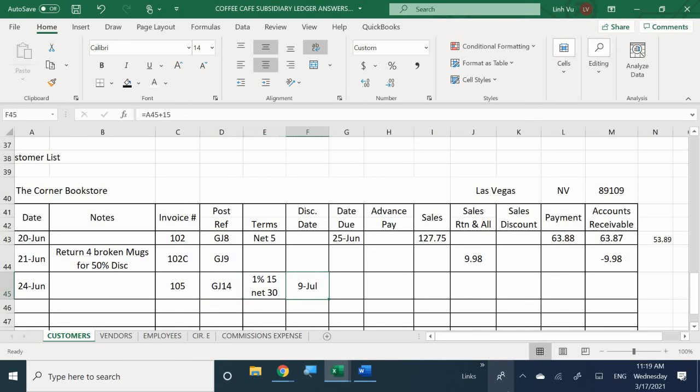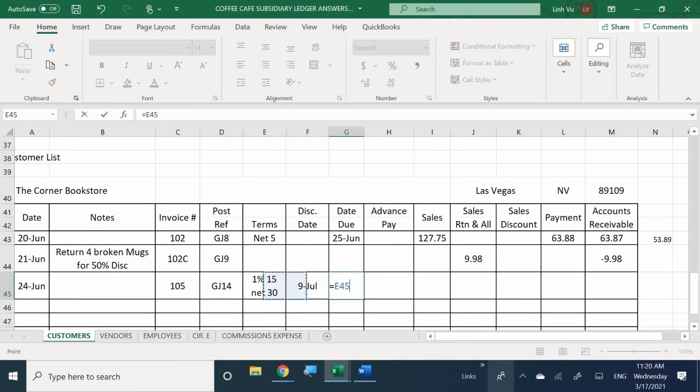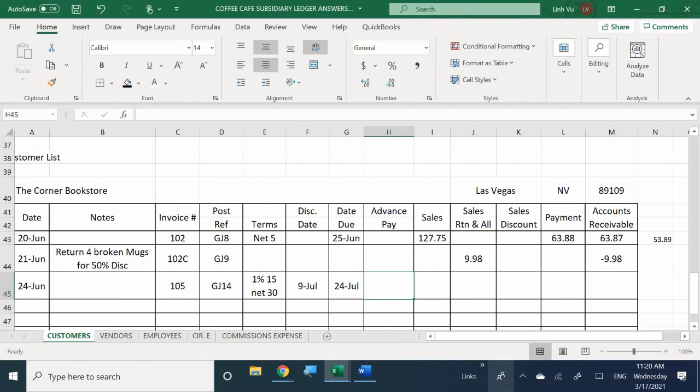So the discount due date is going to be July 9th, and the net due date is July 24th.